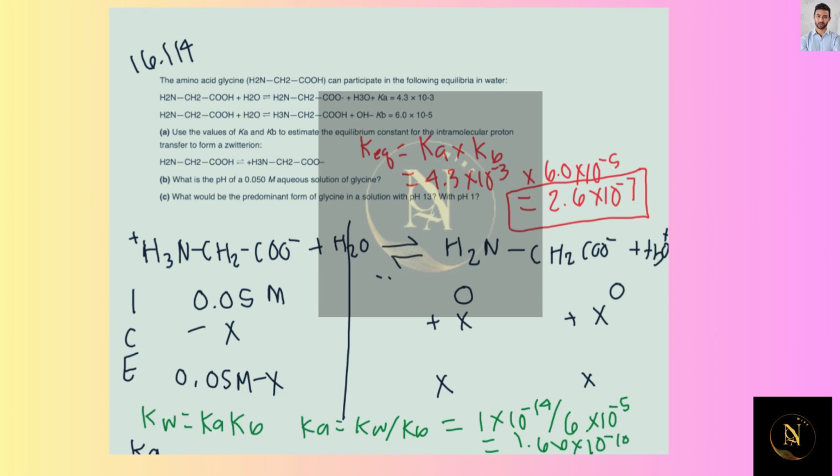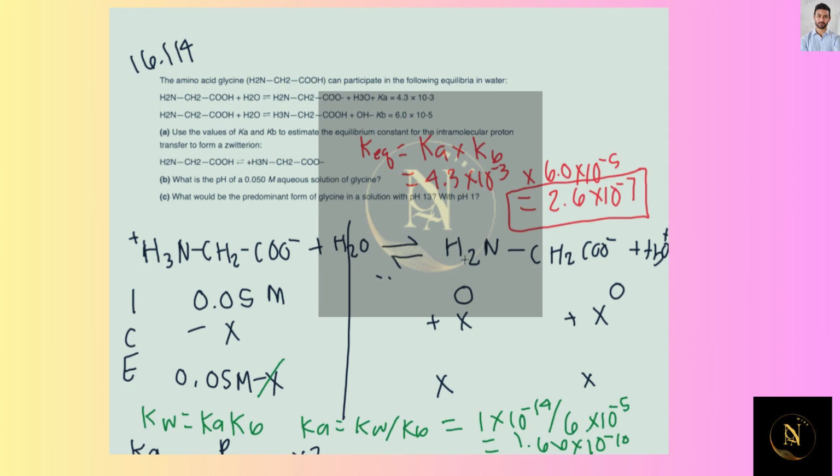One thing to note is that since our Ka value is very small, it's going to make an insignificant impact on our 0.05 molar solution. So we can just get rid of that X to make the math a little simpler. We have our Ka equal to products over reactants, so X squared over 0.05.